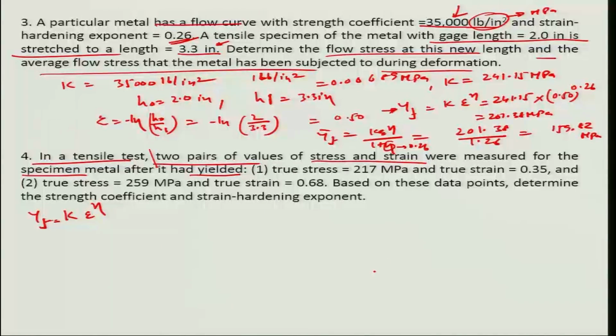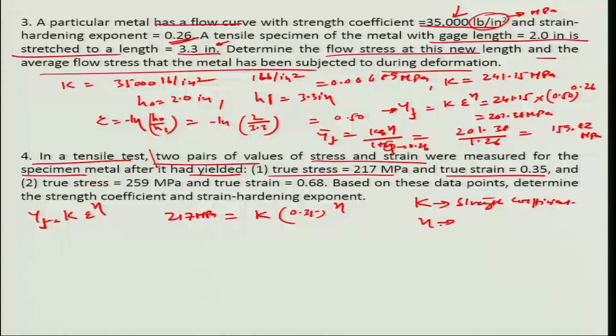So we have a pair of two stress and strain values. In one case 217 MPa, the YF is represented as K times 0.35 to the power of n. Let's suppose that K is the strength coefficient and n is the strain hardening exponent. These two have to be determined.